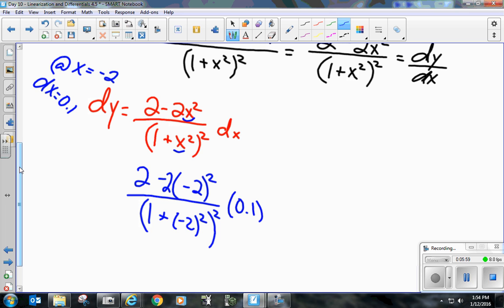Maybe not. I did a couple problems, and I'm trying to remember what one of them was. What's on top? This is 4, right? 4 times a -2 is -8, right? So 2 minus 8 over, all right, what's -2 squared? 4 plus 1. 5 when I square it.